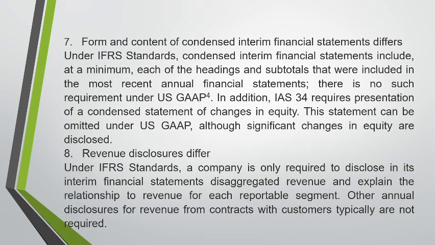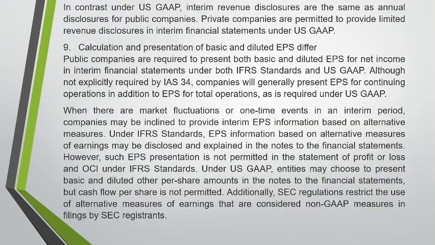Revenue disclosures differ. Under IFRS, the company is only required to disclose in its interim financial statements disaggregated revenue and explain the relationship to revenue for its reportable segments. Other annual disclosures for revenue from contracts with customers typically are not required.